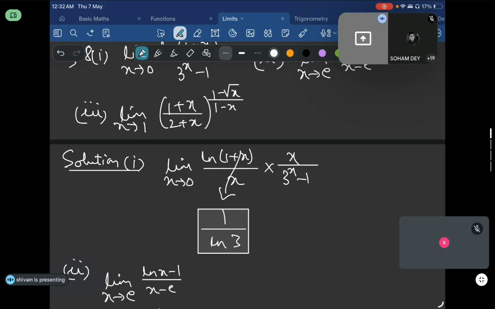Anvesha part 3 is correct. Adija part 3 is correct. Shubhangi part 3 is correct. Rishabh part 3 is correct. Soham part 3 is correct.